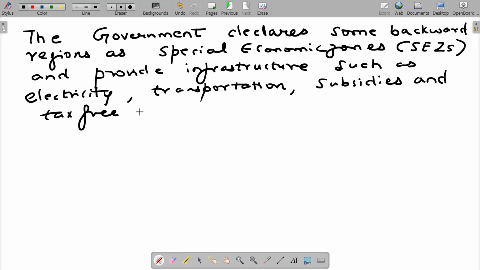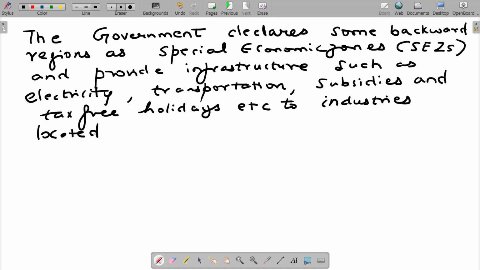These regions are called special economic zones. So I can write tax-free holidays, etc., to the industries located in these regions. So this is point B getting continued.